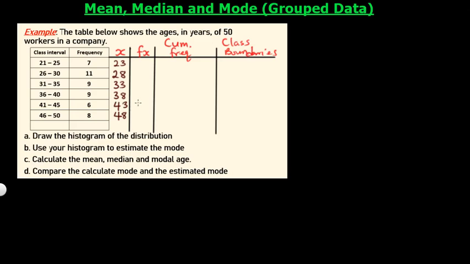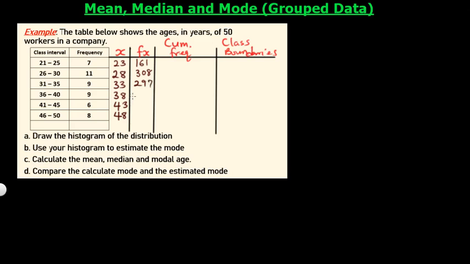Now that that is known, we then move forward to having the product of frequency and score. We look for the product of frequency and the score, which is going to be multiplying this with this. That's 161. You do the other one, that gives us 308. We do this, 99 multiplied by 3, that's 297.